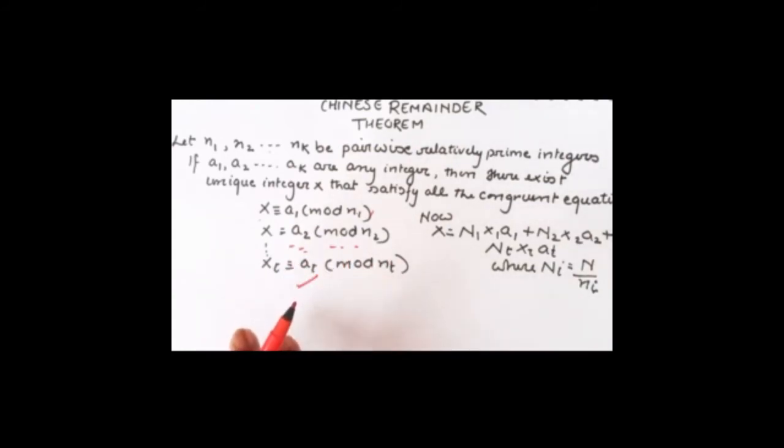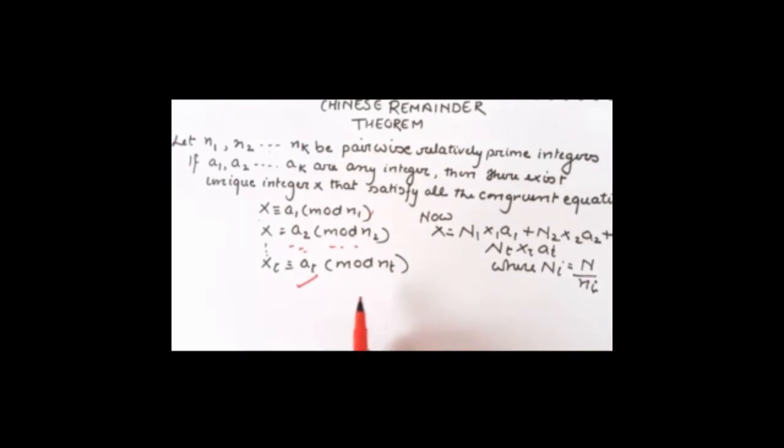The Chinese remainder theorem states that there exists a unique integer that satisfies all these congruent equations, such that a1, a2, a3 up till at are integers and n1, n2, n3 up till nt are pairwise relatively prime integers.